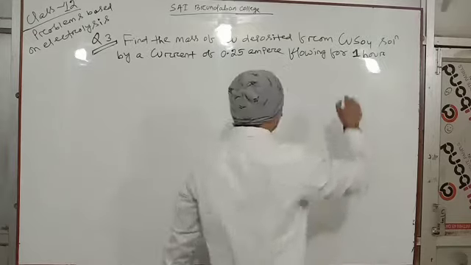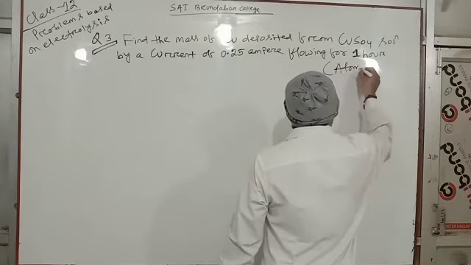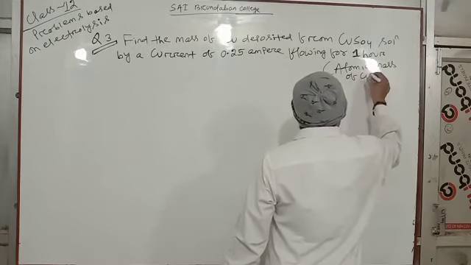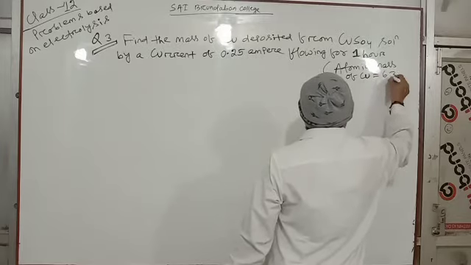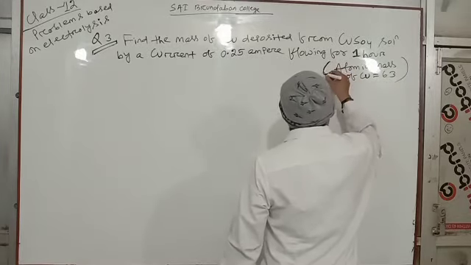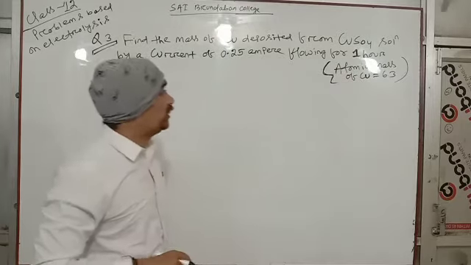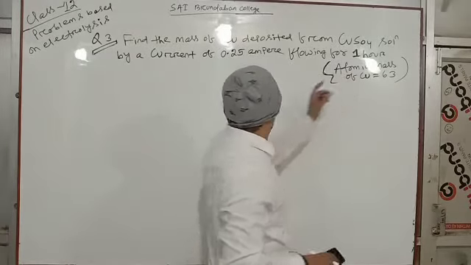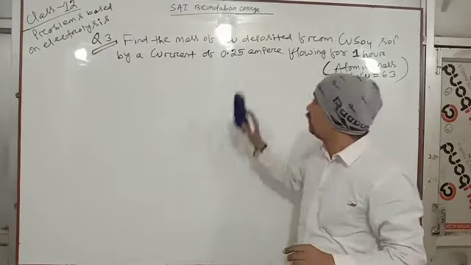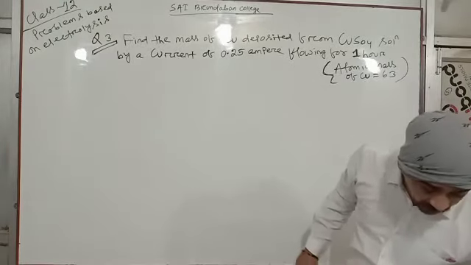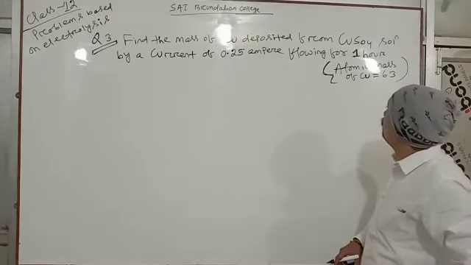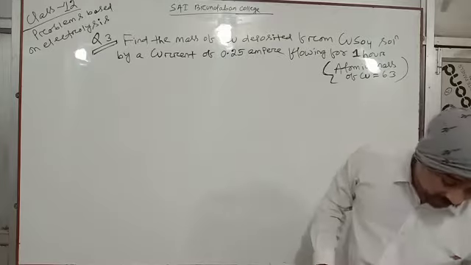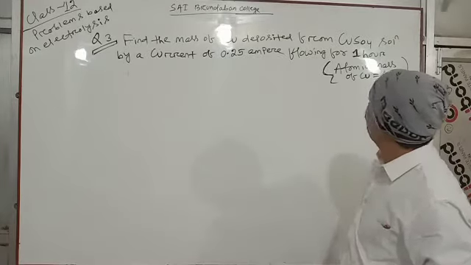Atomic mass of copper is 63. Given that the atomic mass of copper is 63, find the mass of copper deposited from the copper sulfate solution by a current of 0.25 ampere flowing for 1 hour.